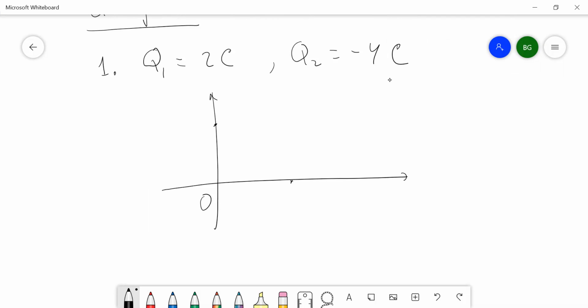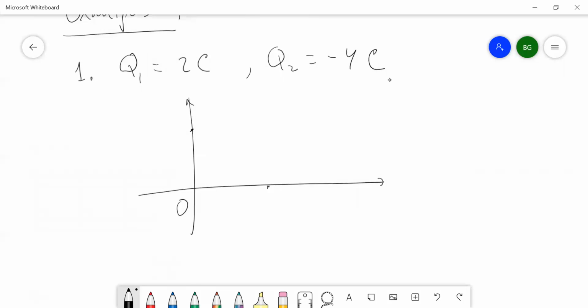Just for example, this R prime 1 is 0, 4, and R2, let's say this one.